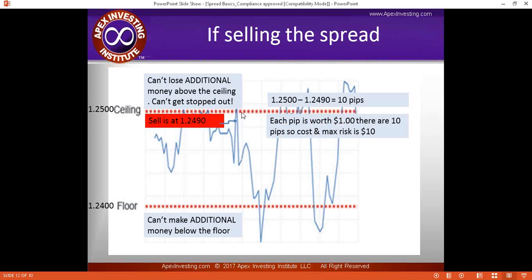Let me throw this out. If my ceiling is 2,500 and I sell at 2,490 because I think the market's going down, what if I'm wrong and the market shoots up 50 ticks? How much would I be down?